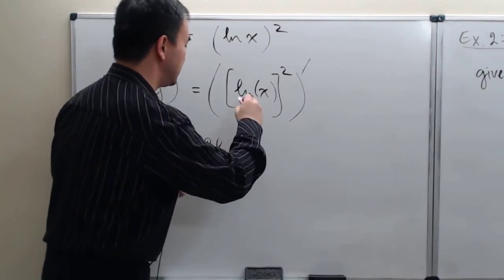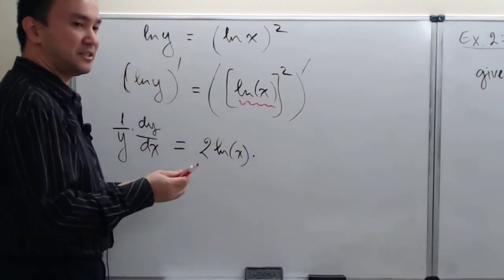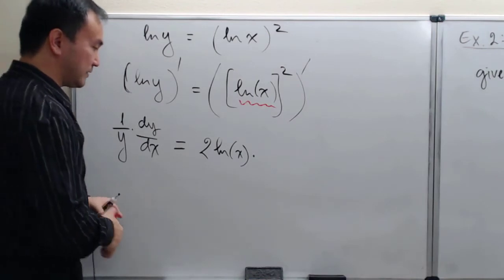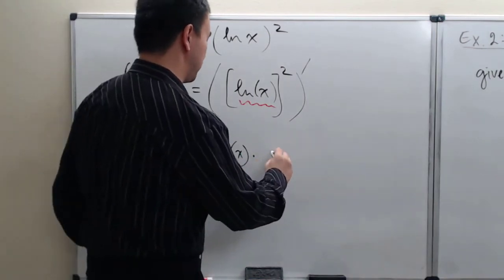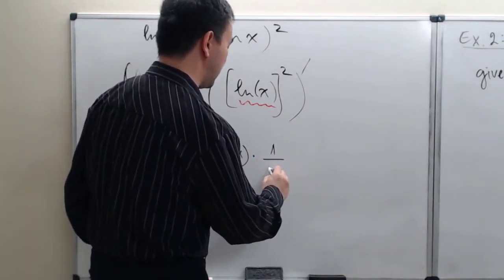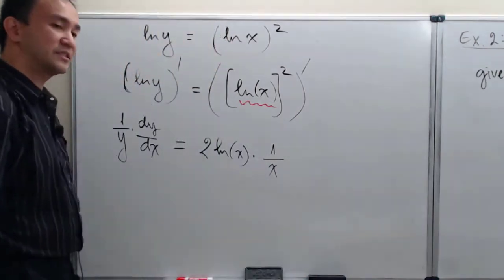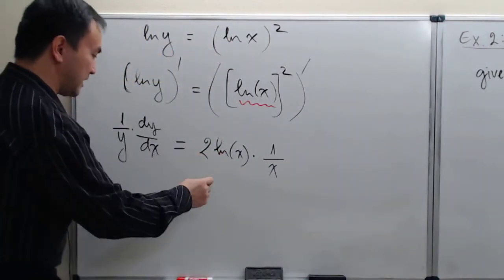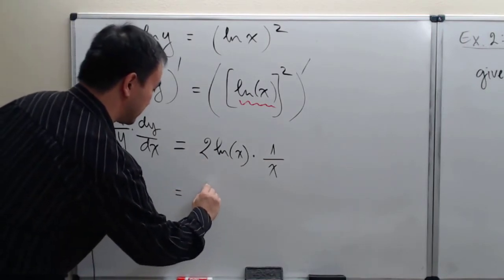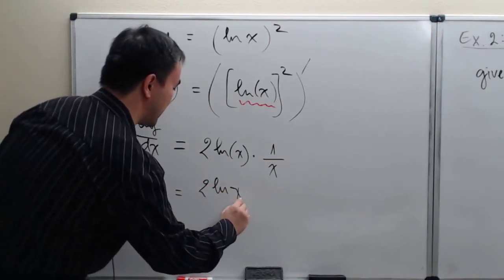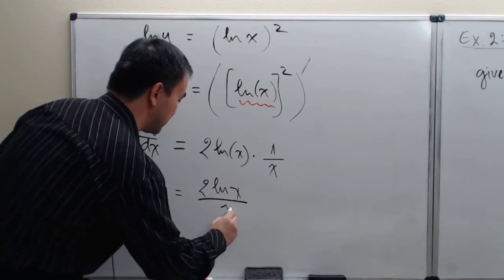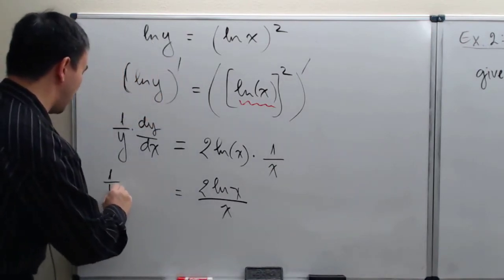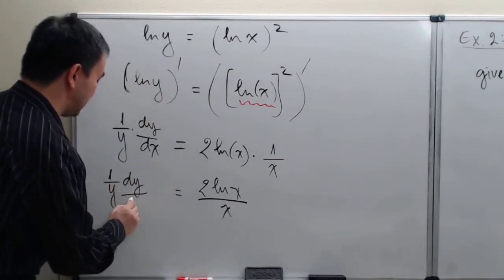The inside is here. All right. And so with that derivative of the inside, now it's going to be what? The rule for taking natural log of x, 1 over x. Okay. And so now all together, the right-hand side can be written as 2 natural log of x all over x. And the left-hand side still remains 1 over y times dy dx. Okay.